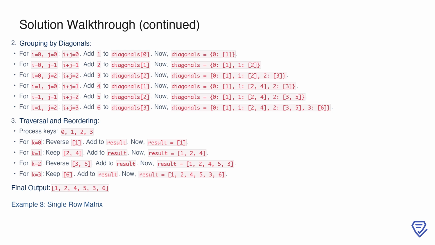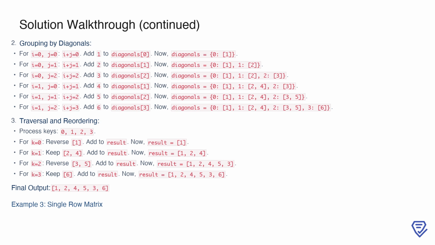For i equals 0, j equals 0, the sum i plus j is 0, so we add 1 to diagonals[0]. For i equals 0, j equals 1, the sum is 1, so we add 2 to diagonals[1]. For i equals 0, j equals 2, the sum is 2, so 3 is added to diagonals[2]. Moving to the next row, for i equals 1, j equals 0, the sum is 1, so 4 is added to diagonals[1].